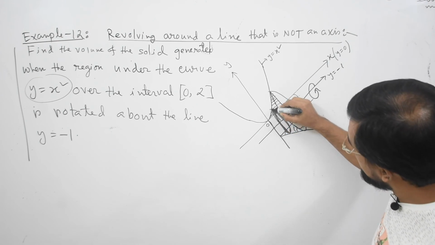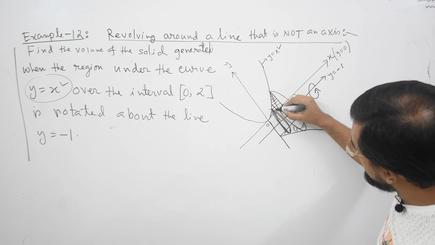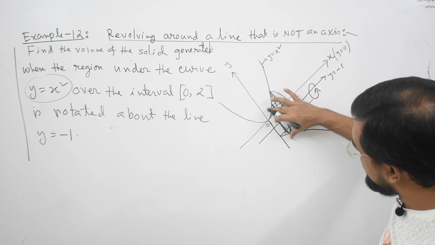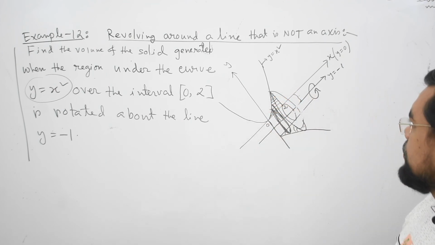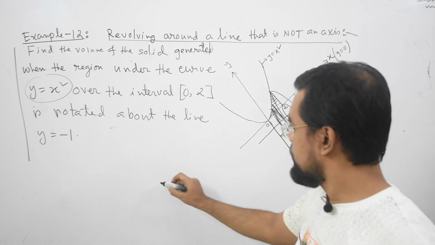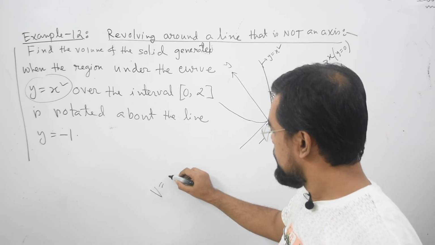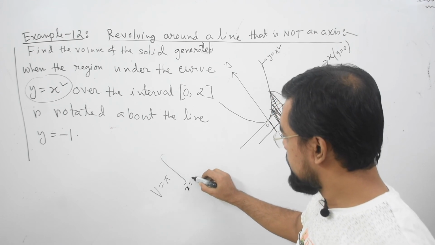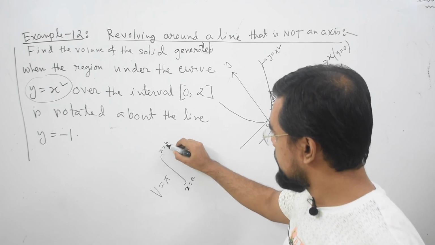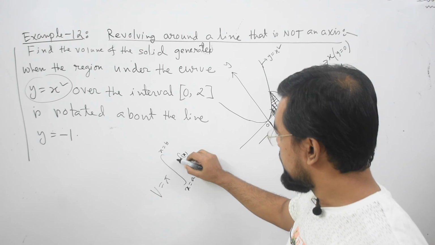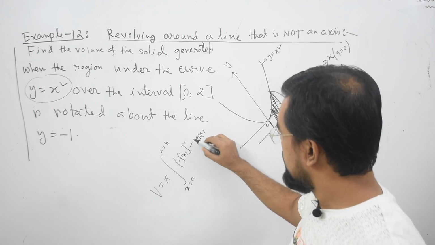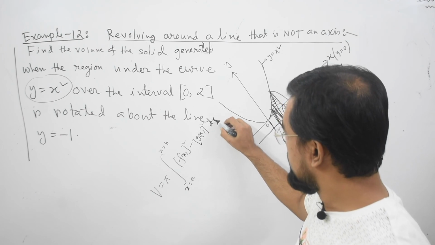And we know this one means f of x, and you need to add another 1 to get the radius of the whole solid material. So the volume will be pi times the integral from x equal to a to x equal to b of f of x square minus g of x square dx.